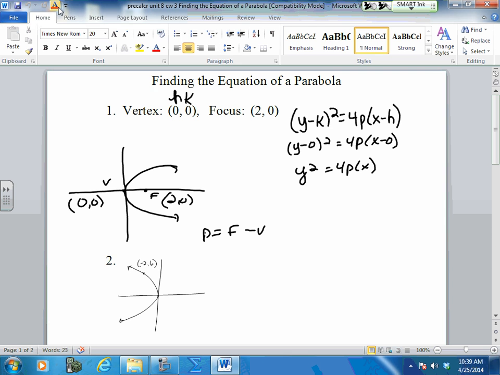Positive. So this distance is 2, and my p also has to be positive 2, because I am opening to the right. If I was opening to the left and my distance was 2, then my p would be negative 2. So I take this and I slide this into here.